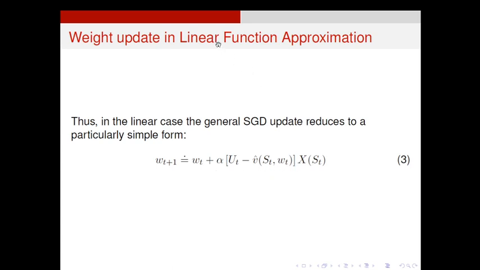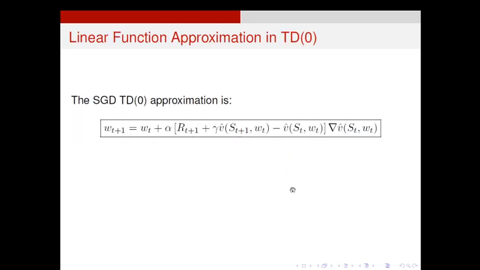In the case of stochastic gradient descent, Wt plus 1 is defined as Wt plus learning rate into Ut, an unbiased estimate for V pi of S, minus V cap of St comma Wt, into del of V cap of S. In the place of del of V cap of S, we get X of St. X of St is called the feature vector. So weight updation happens in terms of this X of St. Then what is X of St? That is our feature vector.